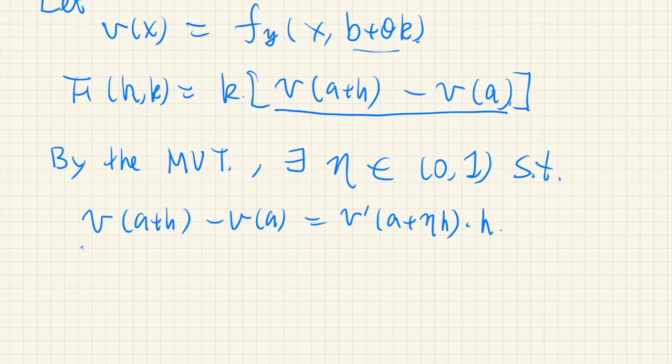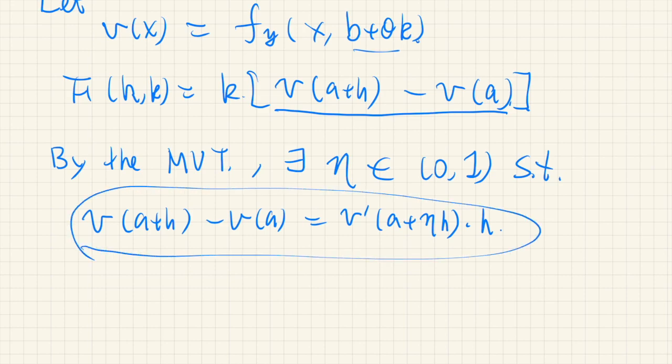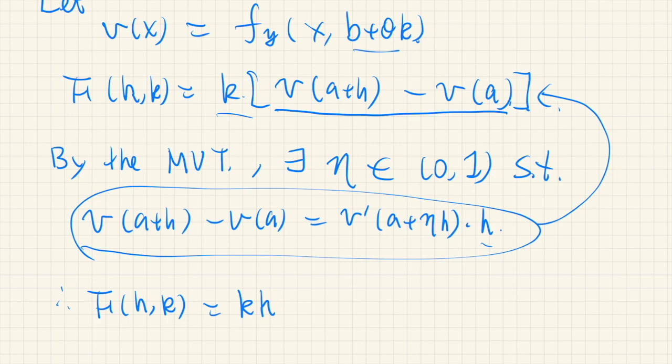So if we substitute this, we have f of h, k equals k times h times v prime of a plus eta h.